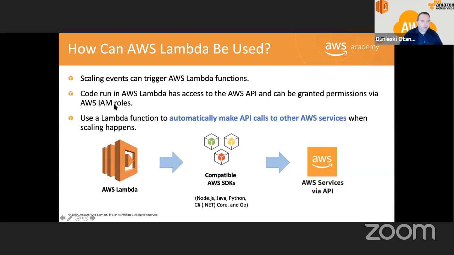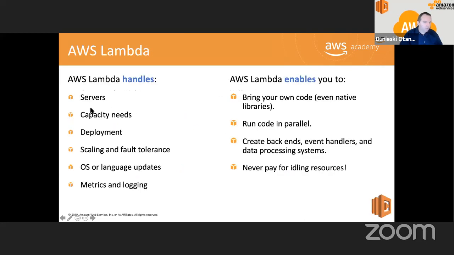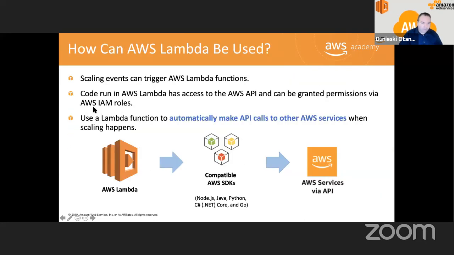A role is nothing else than giving one service permission to interact with others. Then you create a policy inside this role that allows, for example, Lambda to interact with EC2 instances. For example, if we create code to stop an EC2 instance, I have to give Lambda a role that allows Lambda to have access to the EC2 instances.